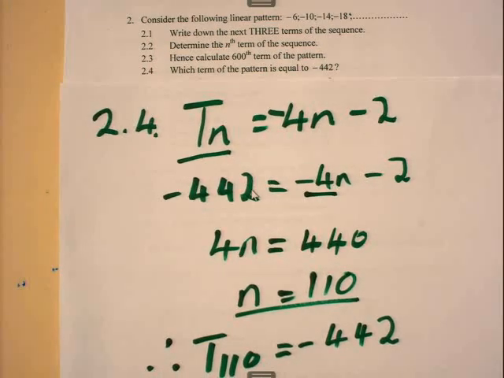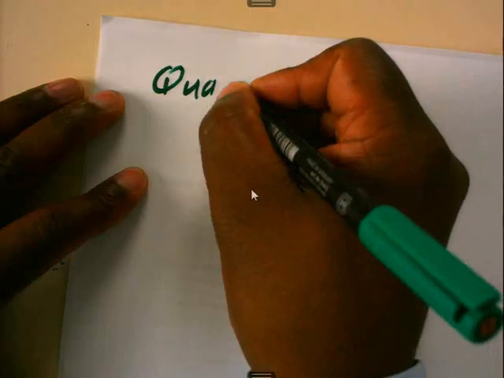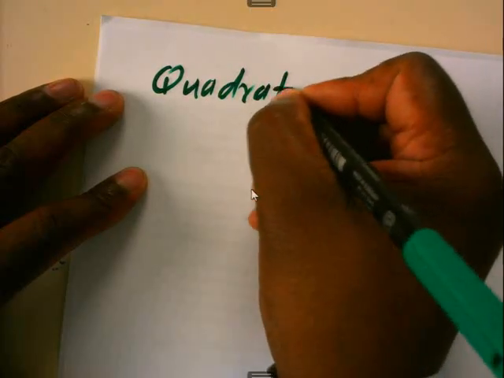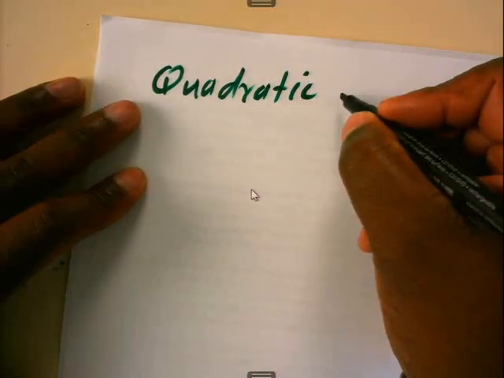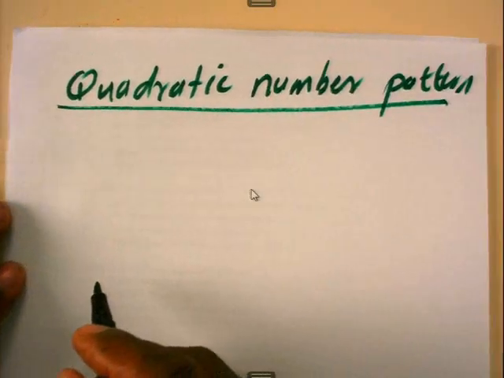But right now, I want to change to the quadratic number pattern. This is very much important. Let's talk a bit about the quadratic number pattern. I think you must be familiar with this topic by now.